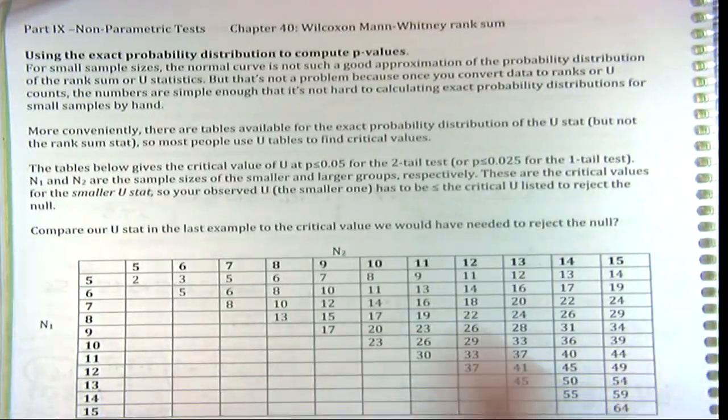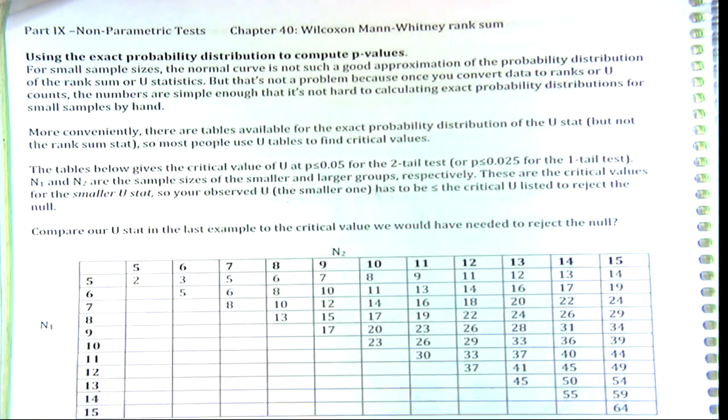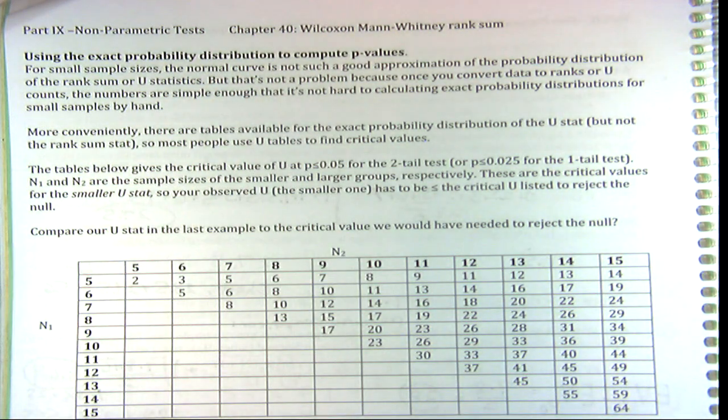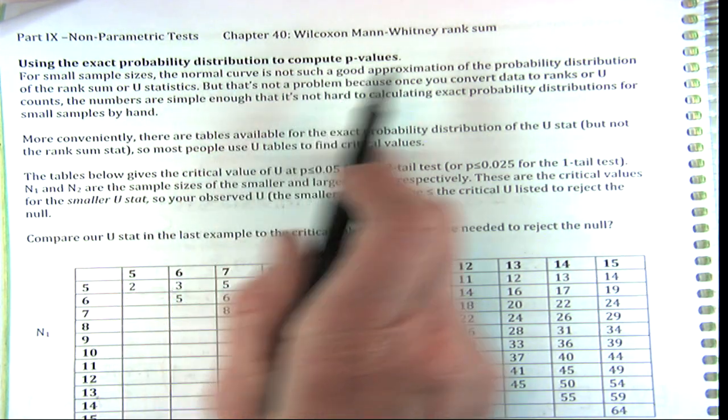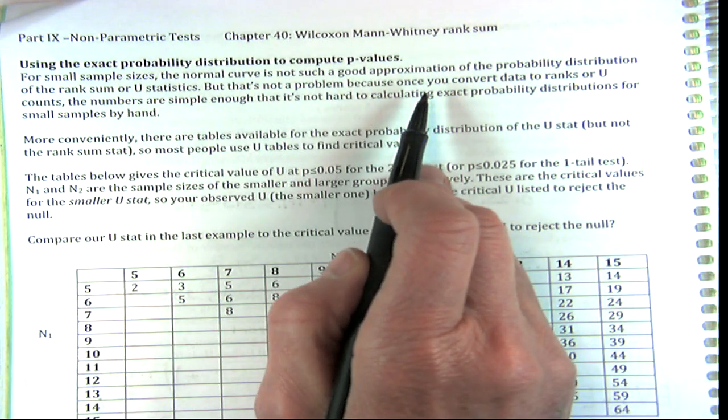These tables use the exact probability distributions, which are easy to do because the numbers are so simple. For small sample sizes, the normal curve is not such a good approximation.